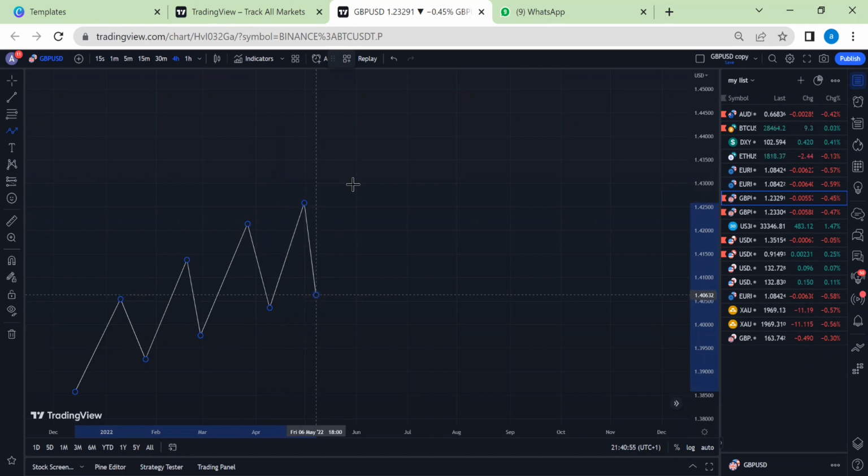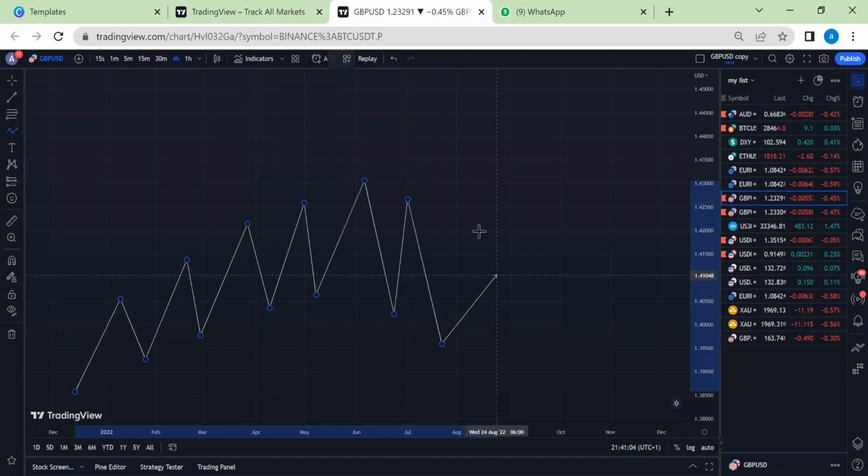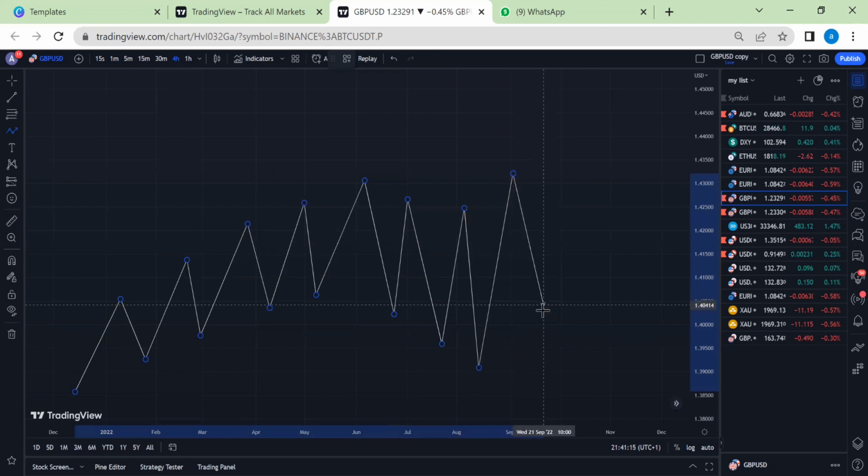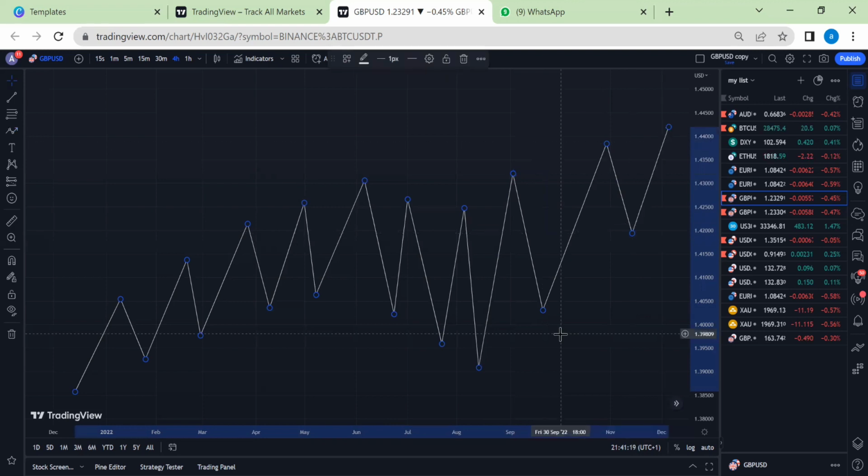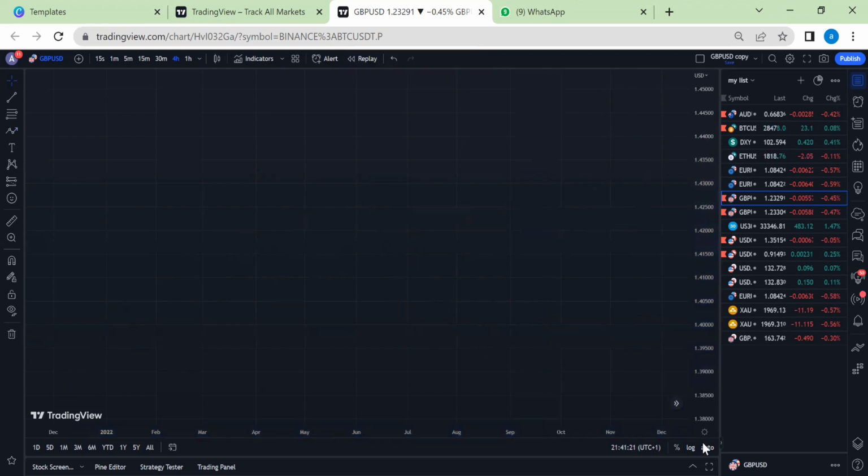Then when the higher low fails to protect itself and price goes below it, we have a change of character and price keeps going down, creating lower low and lower high. This will be the one protecting itself now. So if this one also fails and price goes above it, then we switch to uptrend again and we're expecting price to start going up. It's as simple as that. That's all you have to know about market structure. So let's see it on the charts.